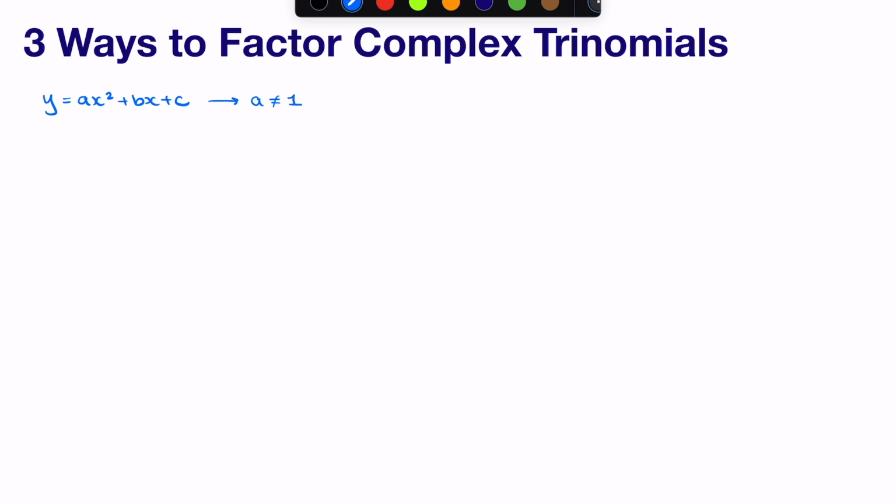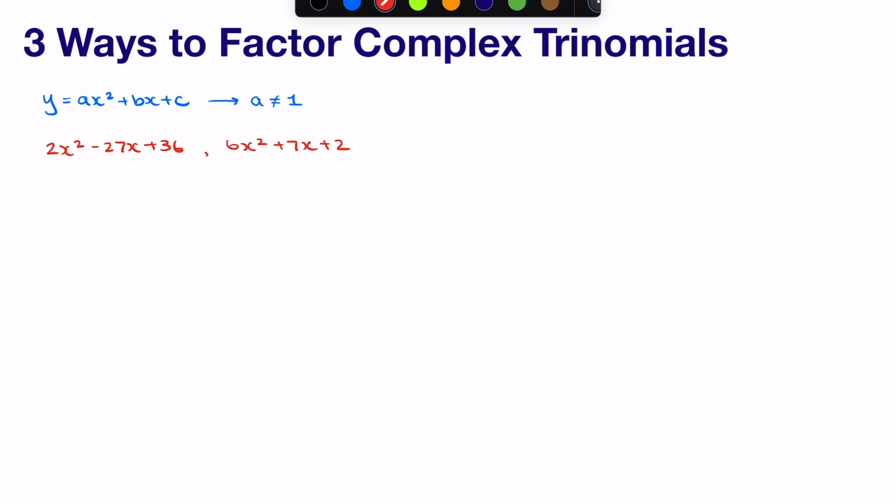Some examples of complex trinomials are 2x squared minus 27x plus 36. Another example would be 6x squared plus 7x plus 2.